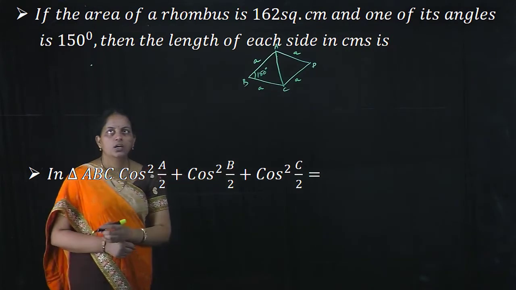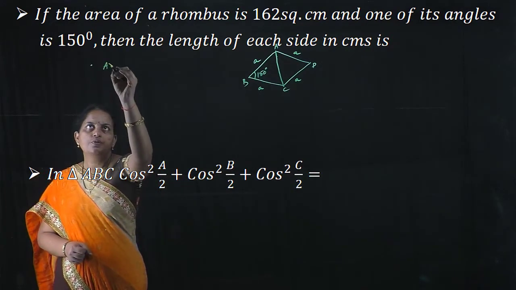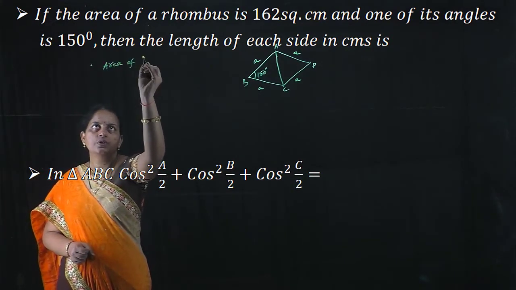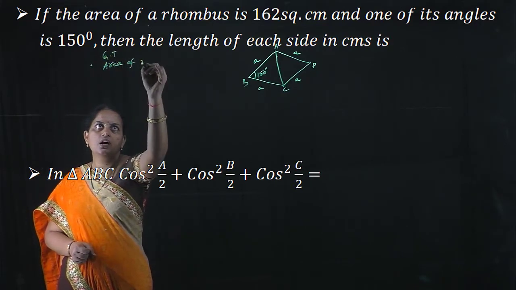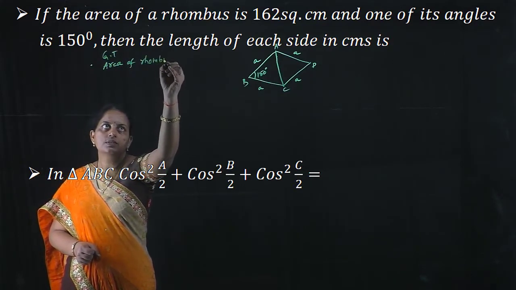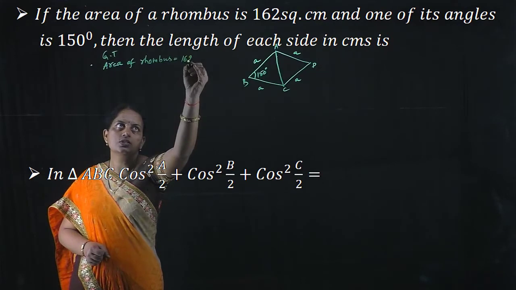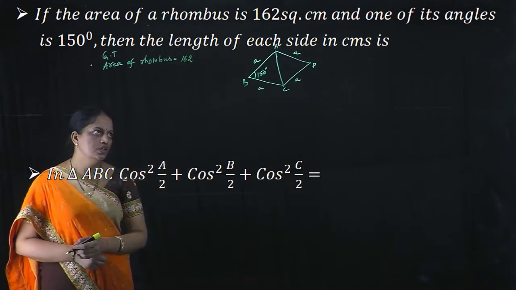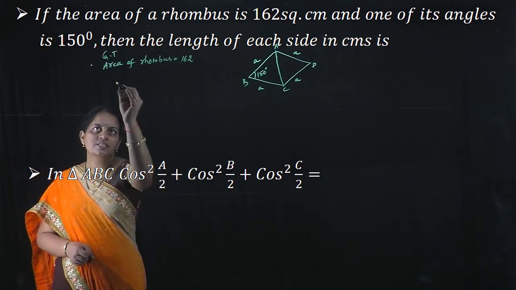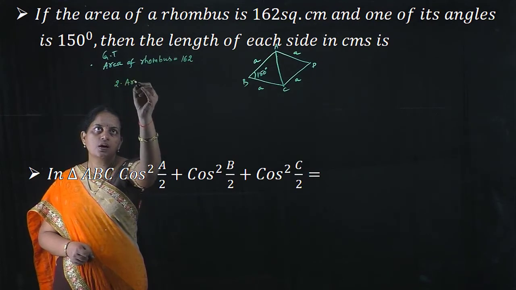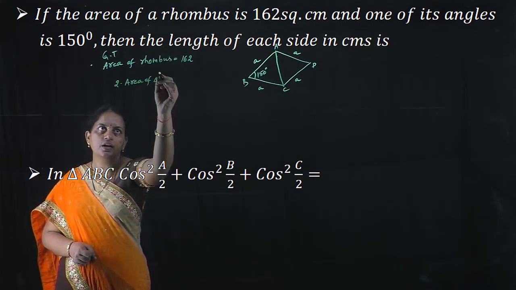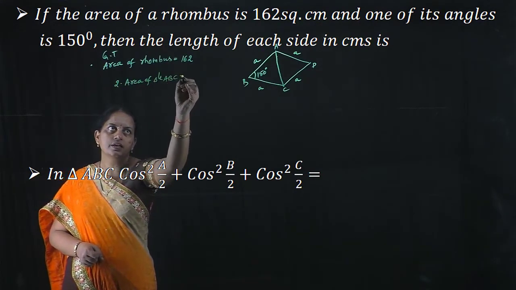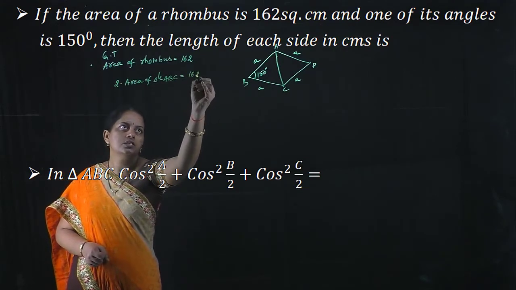Now we are given that the area of the rhombus is equal to 162 square centimeters. And the area of the rhombus is equal to 2 times the area of triangle ABC, which is equal to 162.